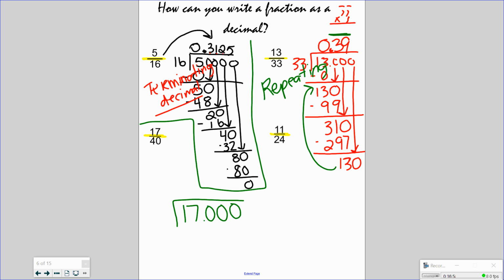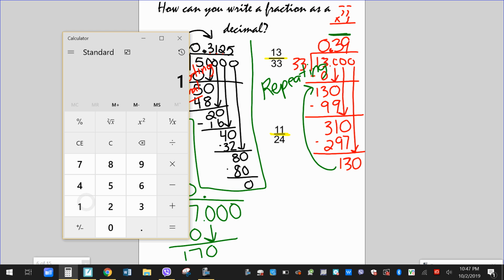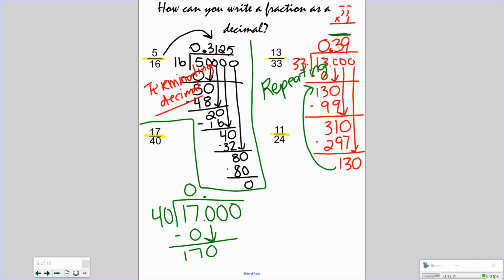Add some extra decoration in my house. 40 goes on the outside. Raise my decimal. 40 goes into 17 0 times, with a remainder there of 17. Drop down my 0. So how many times is 40 going into 170? I'll do 170 divided by 40. It goes into there 4 whole times.